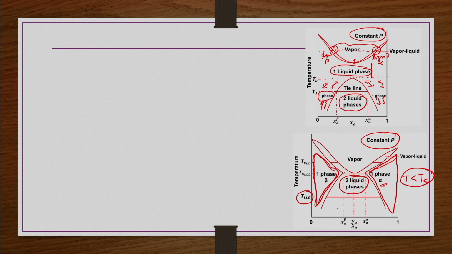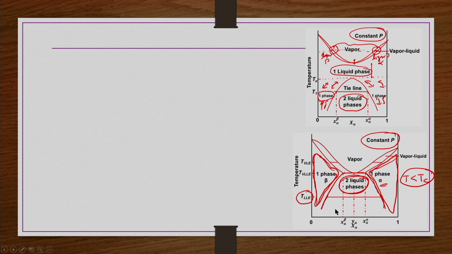Okay. And then within this envelope, as usual like in LLE, we have two liquid phases coexisting, that is alpha and beta phases. Let us say at this point, if you wanted to know the composition of these two coexisting liquid phases, you can draw a tie line at the corresponding temperature and then find out.